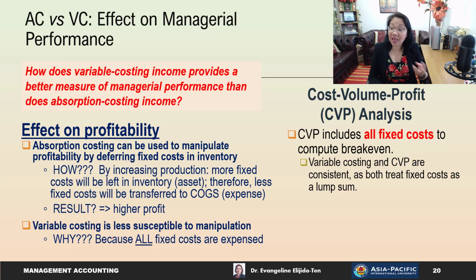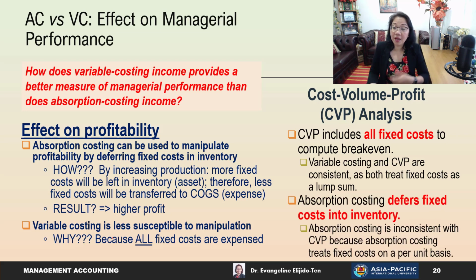Variable costing and CVP are consistent because both treat fixed costs as a lump sum. Absorption costing, on the other hand, as we have noted, defers fixed costs into inventory. And so absorption costing is inconsistent with CVP analysis because it treats fixed costs on a per unit basis, which could at times be misleading.